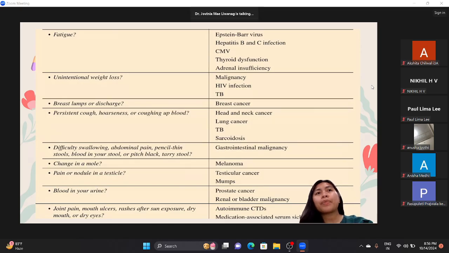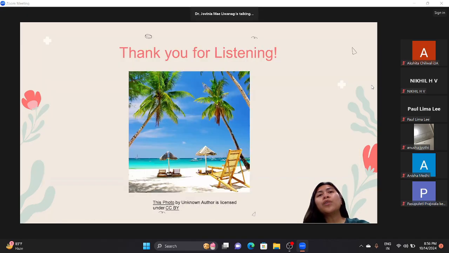If the patient has pain or a nodule in a testicle, it's testicular cancer or mumps. If there's blood in urine and you felt lymphadenopathy in the inguinal area, maybe it's prostate cancer. Actually, that's just brief because lymphadenopathy is general.